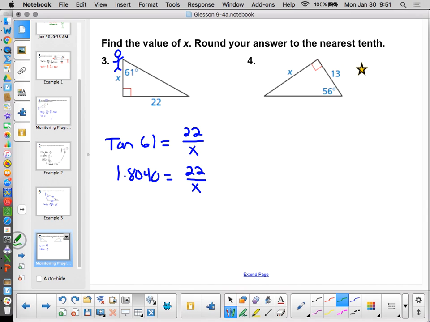The result of multiplying both sides by x and dividing by that essentially means we swap these two values. So I'm just going to take a little shortcut here and do 22 divided by 1.8040 and get 12.2 approximately. So I found out this side is about 12.2.